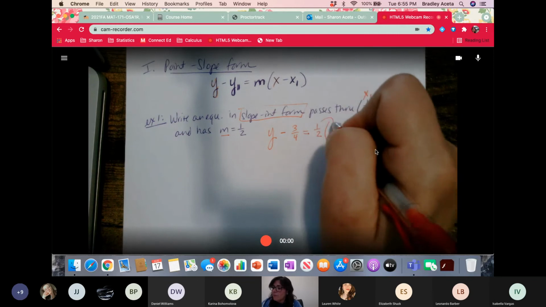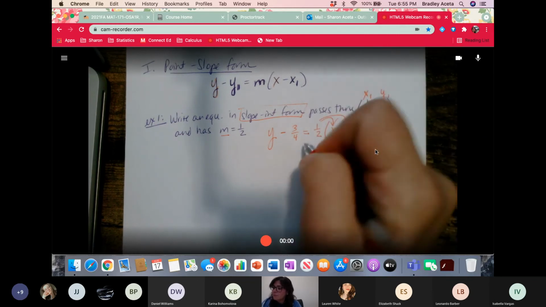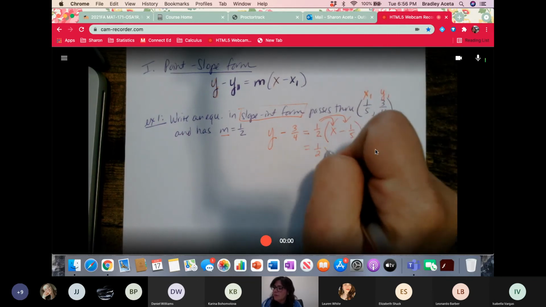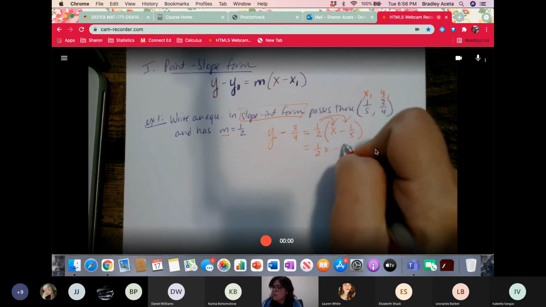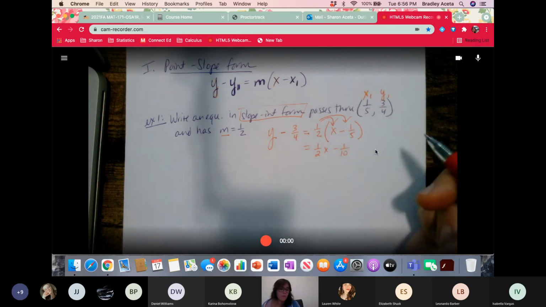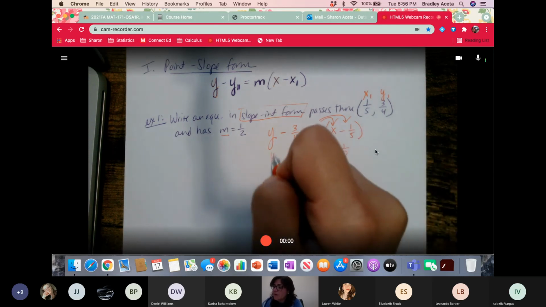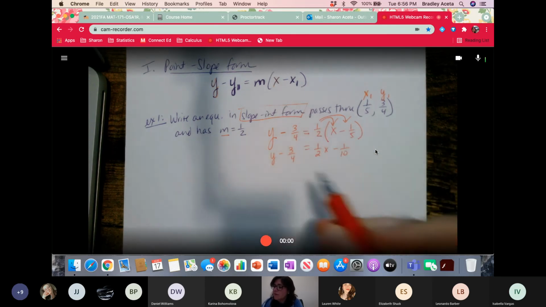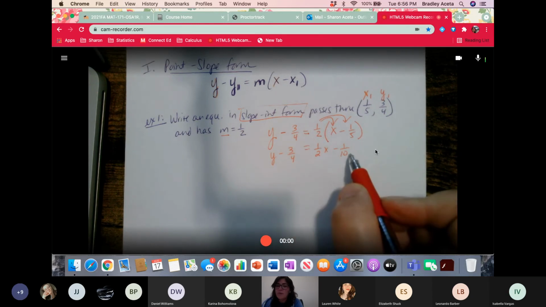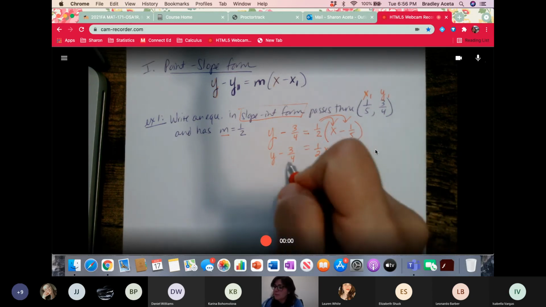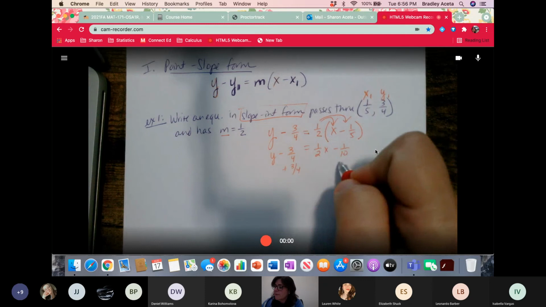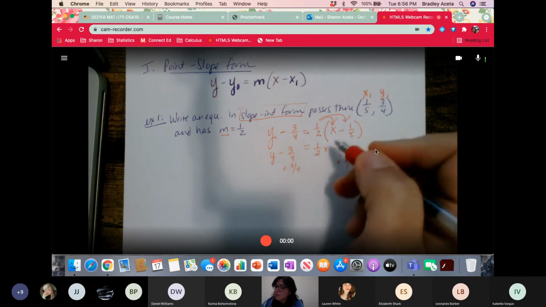So multiply, that would be 1/2 x. 1/2 times 1/5 is 1/10. And then let's see, y minus 3/4. You're going to add 3/4 over to this side. So you would add 3/4 to the 1/10.